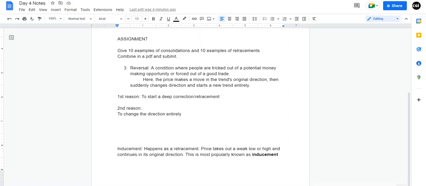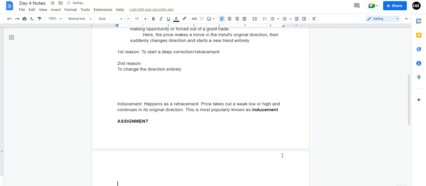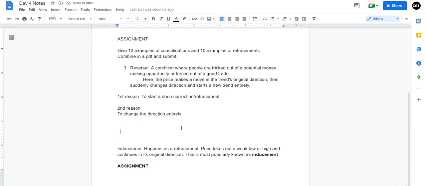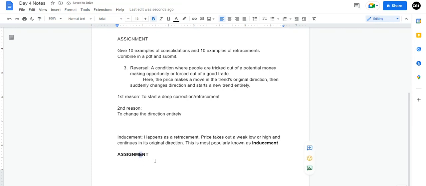The assignment is just to test your understanding of the difference between inducements and reversal.